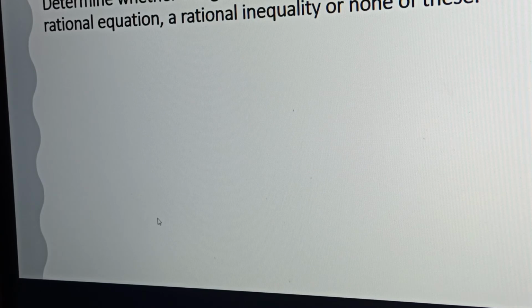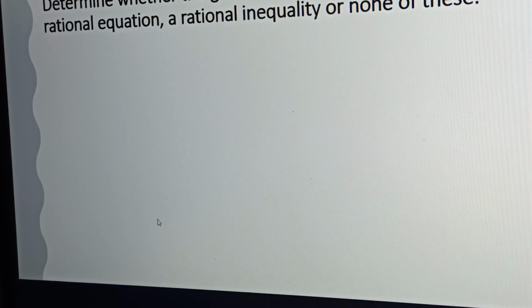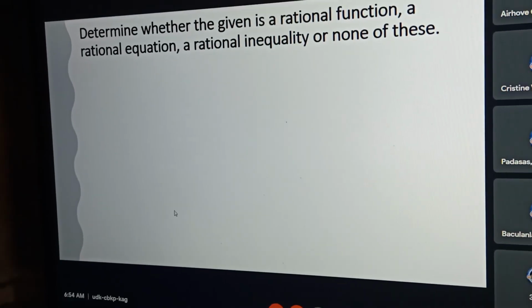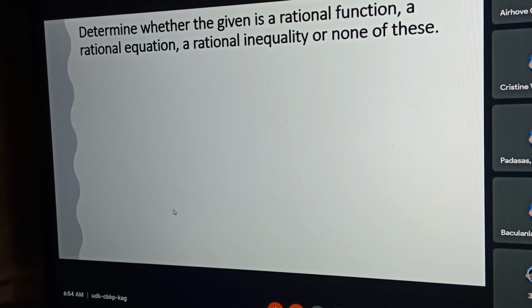Okay, how about you guys? What you are going to do now is determine whether the given is a rational function, a rational equation, a rational inequality, or none of these. Before you determine if the given expression is an equation, inequality, or a function, identify first if the expression is a rational expression or not.